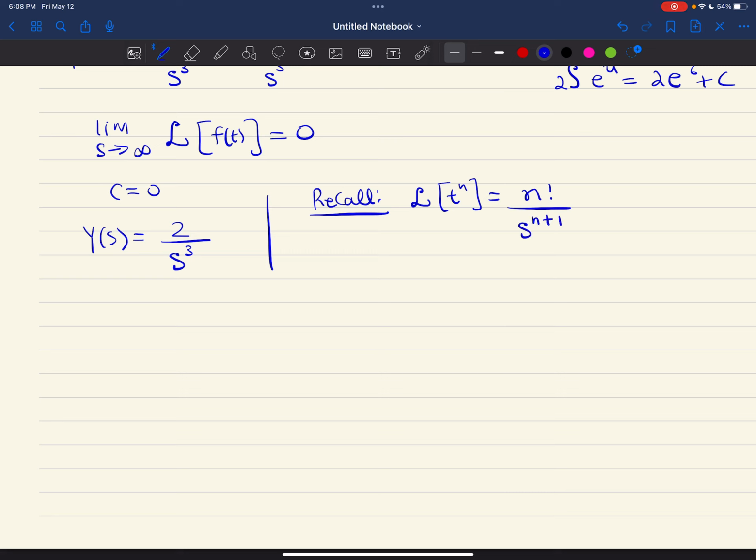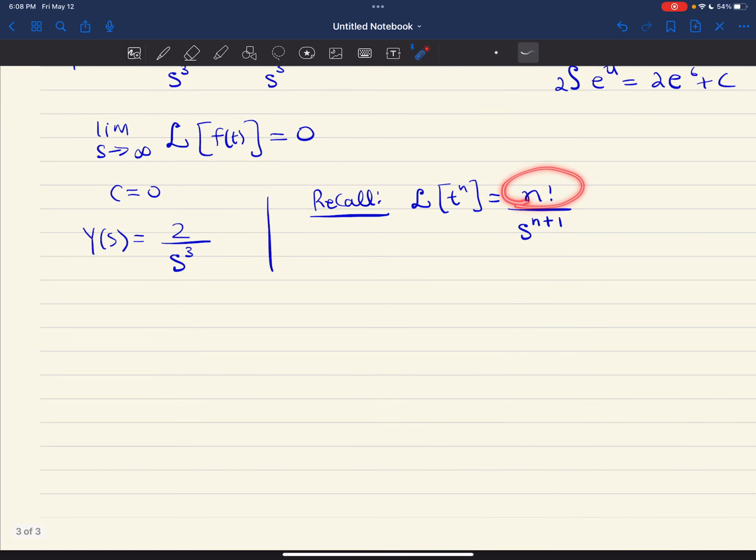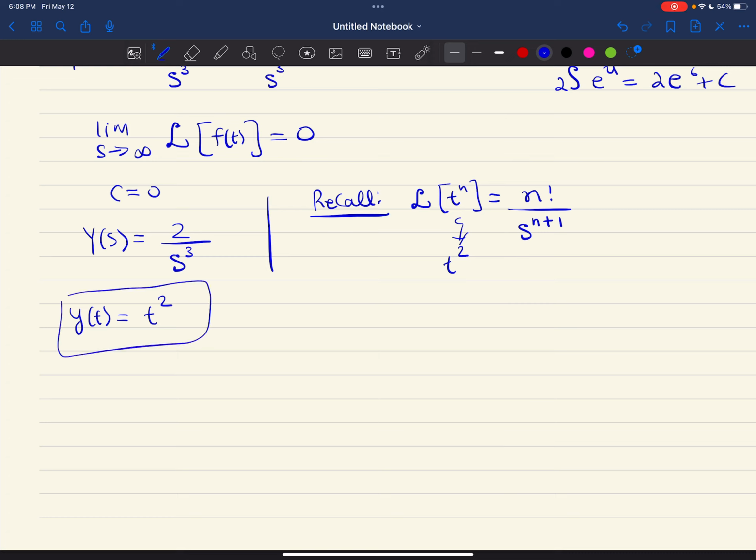So if you think about it, what plus what gives you 3? n must be 2, right? Because we have 2 factorial divided by s to the power of 2 plus 1, that makes sense. So we know for sure that our n will be 2, right? So you could just say that little y of t is just going to be t squared. So this will be your simplified answer if you want to.